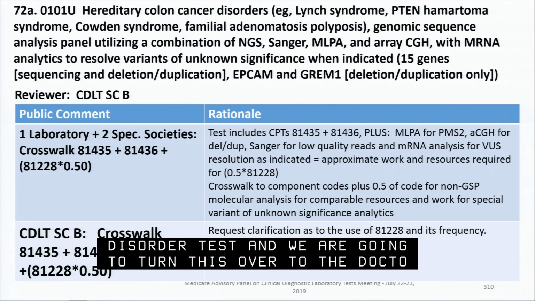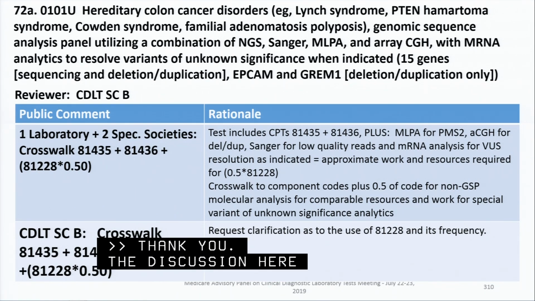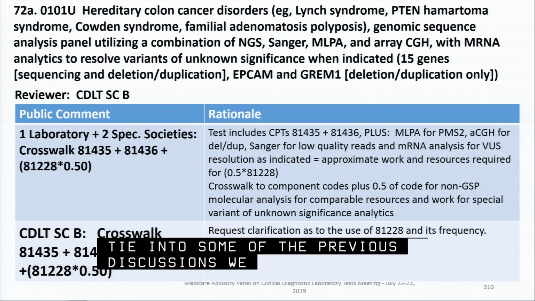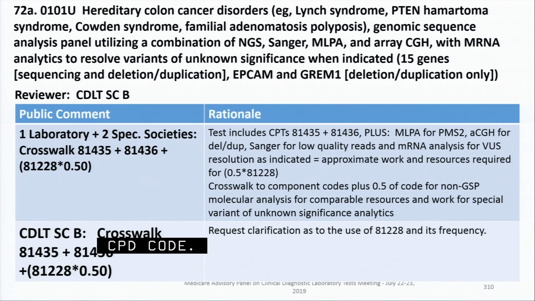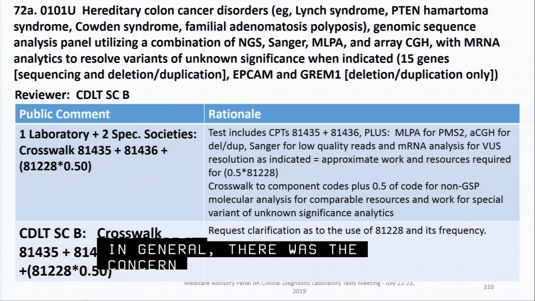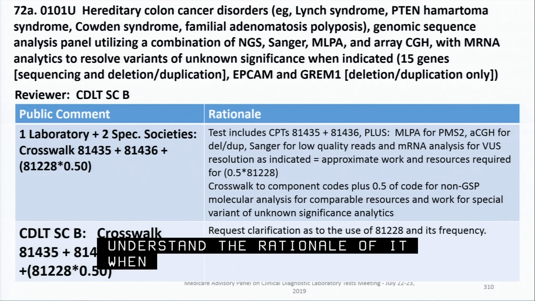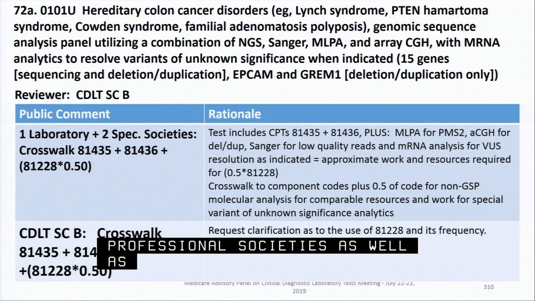Thank you, Karen. The discussion here is going to tie into some of the previous discussions we had on a similar CPT code. In general, there was a desire to understand the rationale of 81228 that was recommended by professional societies as well as the owner of the CPT code.